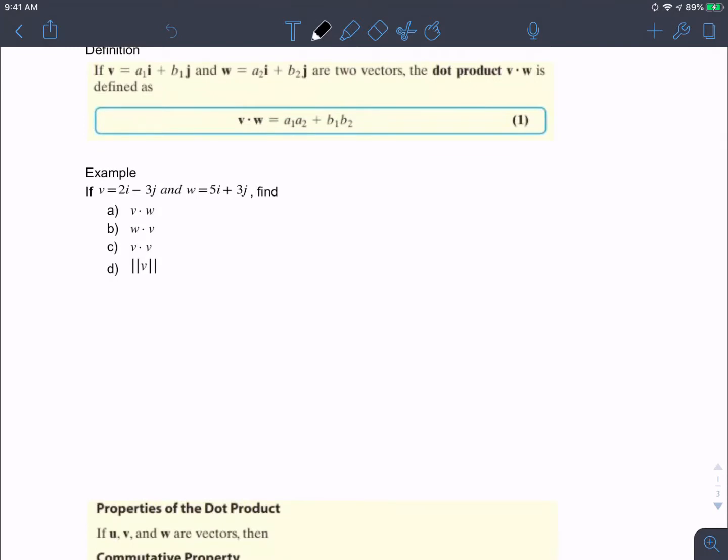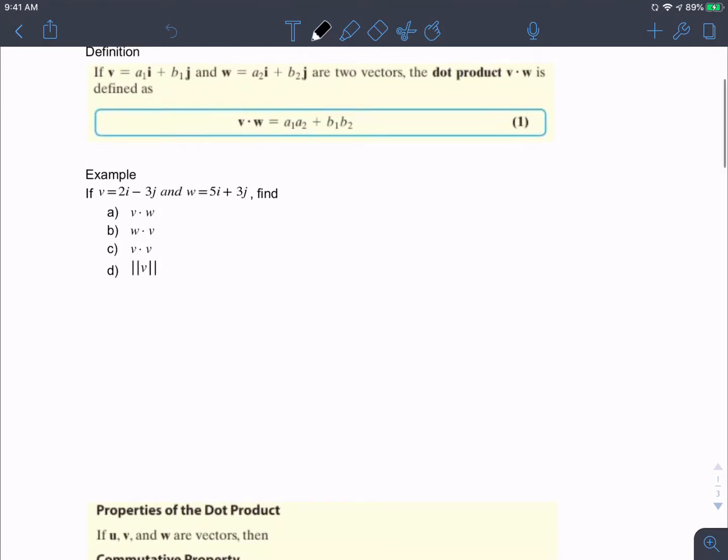Here are 4 problems that we're going to do. This first one, for A, is asking us to do the dot product for v and w. So that's going to be 2 from v times 5 from w plus a negative 3 from the j from the v vector times 3 from the w vector.